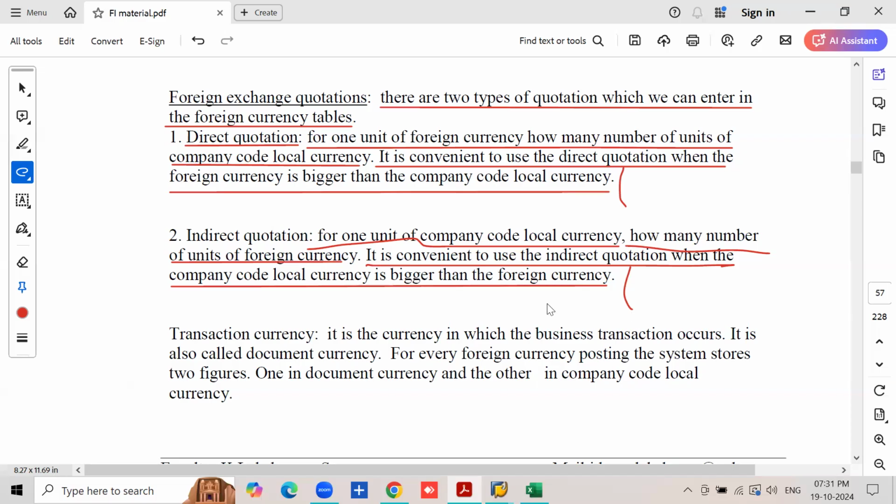Okay. So here, the from currency is bigger than the to currency, right? That's why I have used direct quotation.